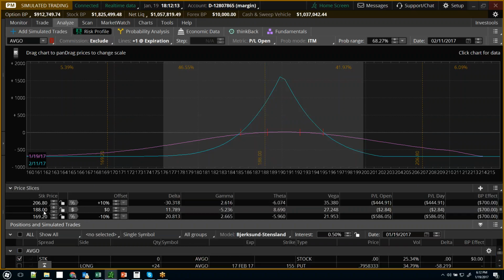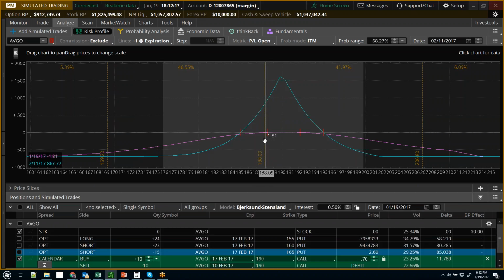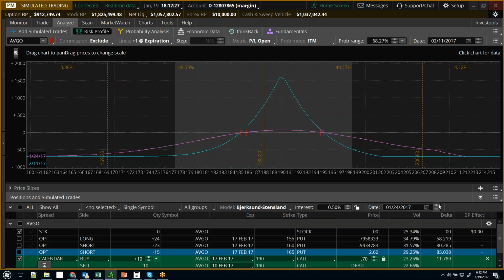Is that right? Yes, good. So this line represents where we are. If we go up in price today, I would make a little tiny bit of money. As time passes, each day, movement towards that 189 or the 190 strike will make me more and more money, plus time erosion will make me money.